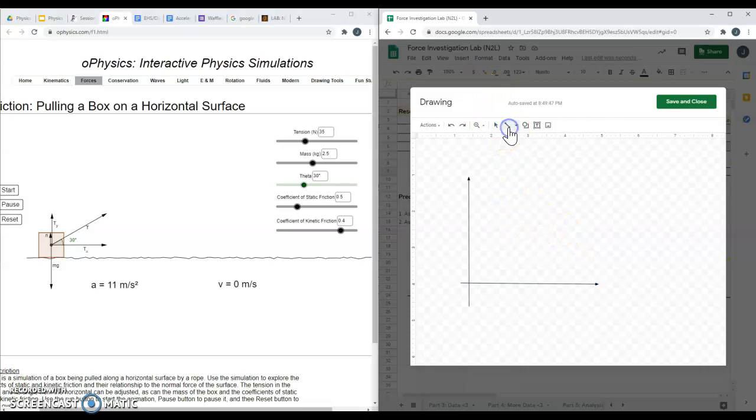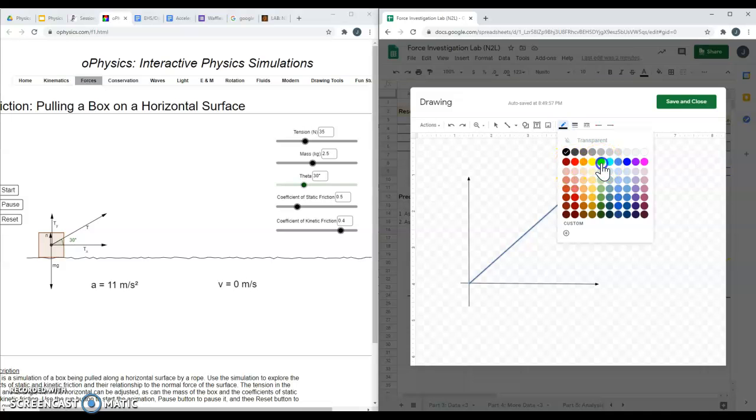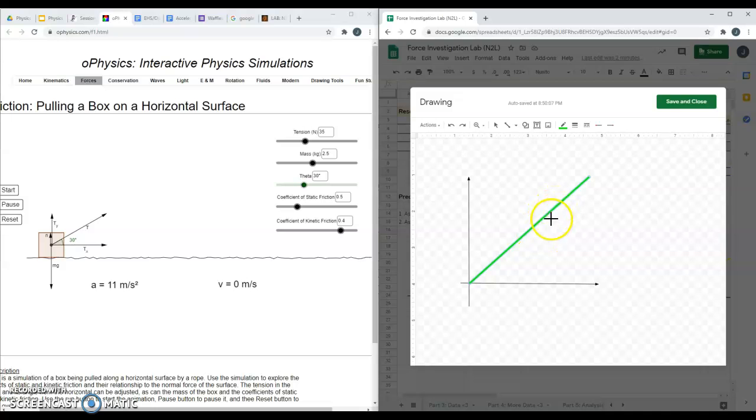Well, you can draw that by using a line and drawing a quick rough line. Feel free to use a different color and to change how thick the line is so that it's easier to see.